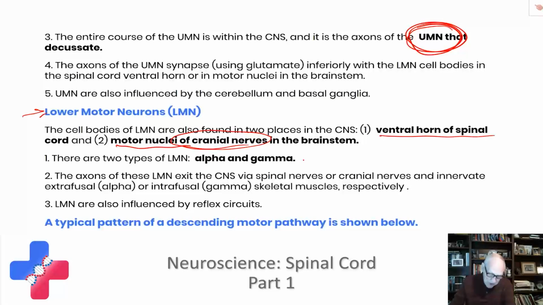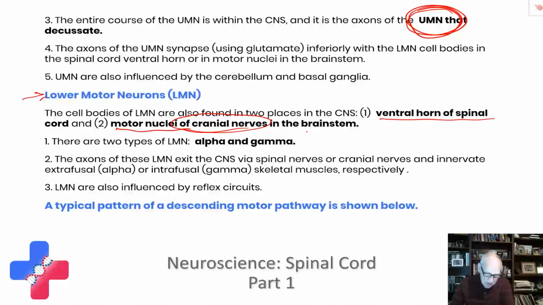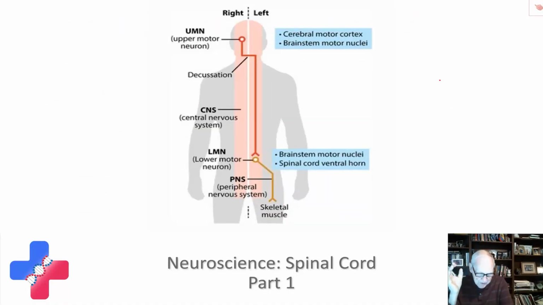Now, here's just a little schematic of what this type of descending motor system looks like. So it's an upper and a lower motor neuron involved. Notice the upper motor neuron here, the circle represents the cell body. That's the upper motor neuron cell body. Where are they located? Either in the cortex or brainstem motor nuclei.